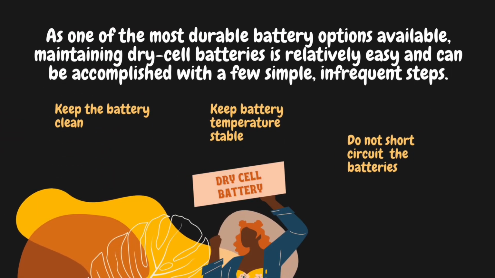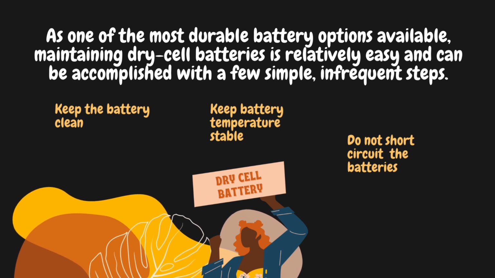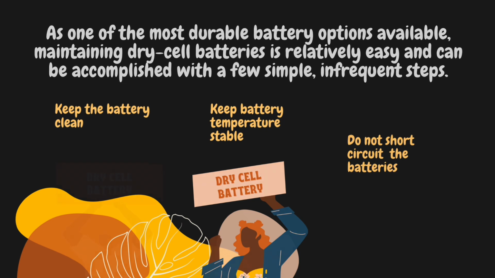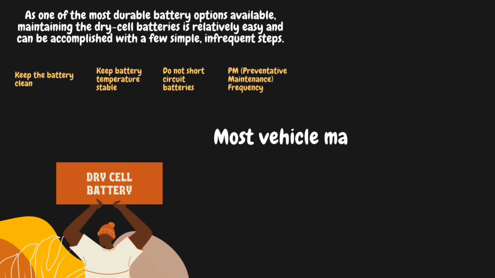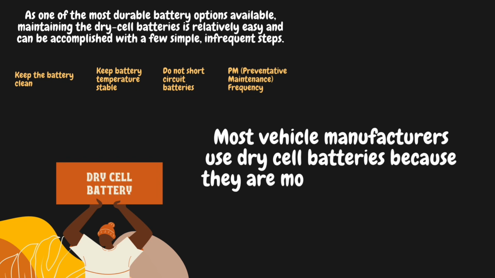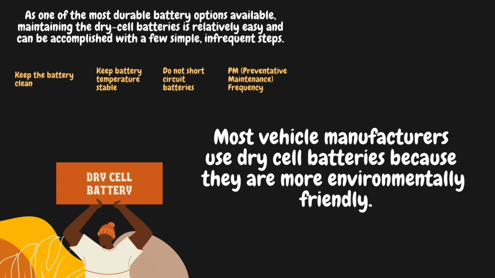As one of the most durable battery options available, maintaining a dry cell battery is relatively easy and can be accomplished with a few simple if frequent steps, such as keep the battery clean, keep battery temperature stable, do not short-circuit batteries. Most vehicle manufacturers use dry cell batteries because they are more environmentally friendly.